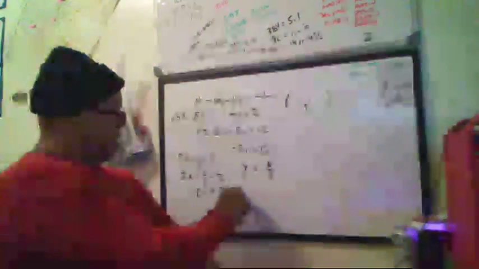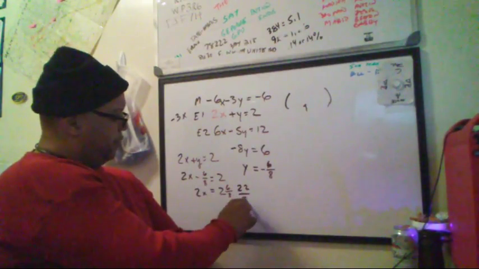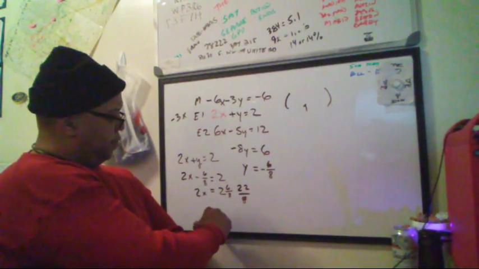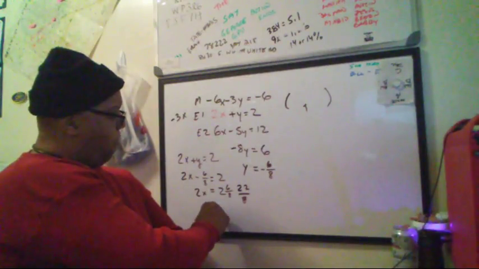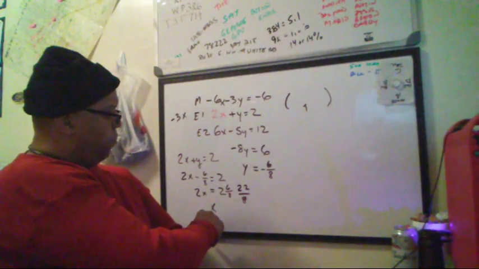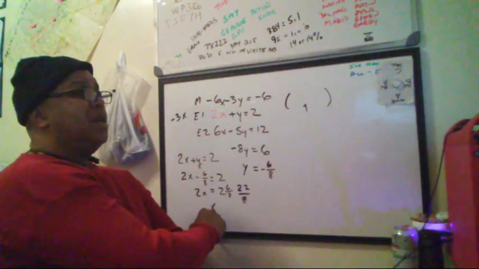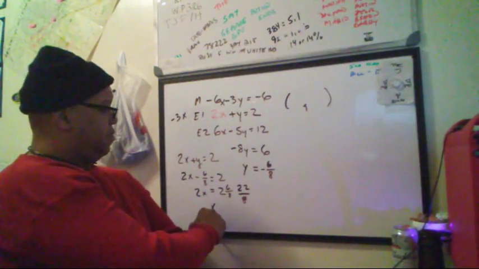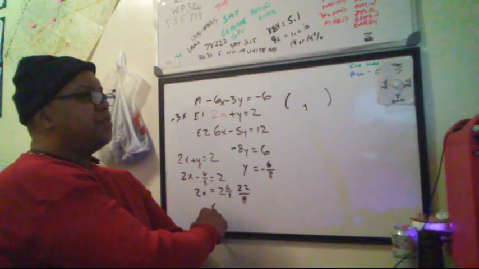All right. 8 times 2x is 22. This is one of those weird ones. I don't normally get stumped like this.